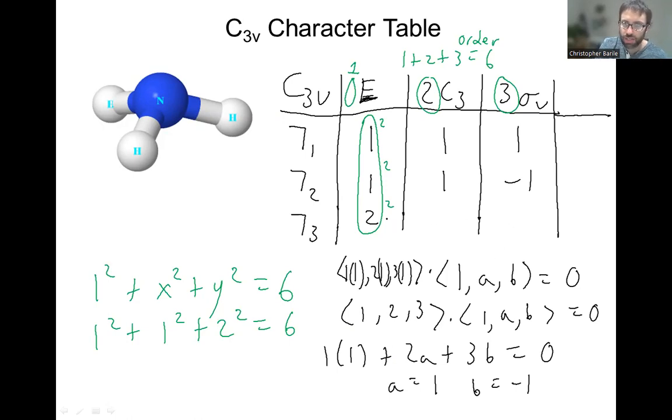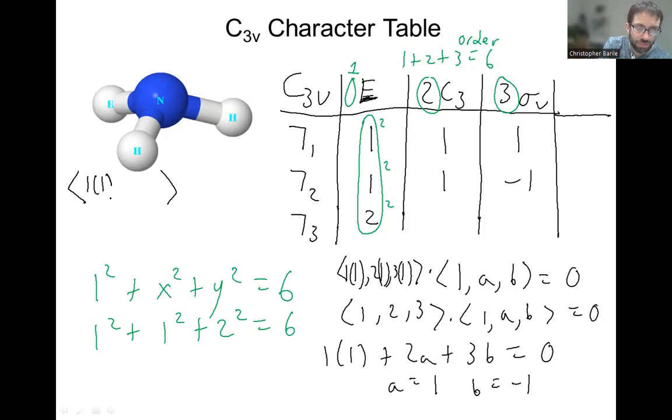And then lastly, we could do the same thing with this last function. So let's now call these unknowns C and D, and we do a very similar thing. This time I can go a little faster. We can dot it with gamma 1, which we know is 1, 1, 1, or dot it with gamma 2. They all should be orthogonal, but let's do it with gamma 1. The math is simpler there.